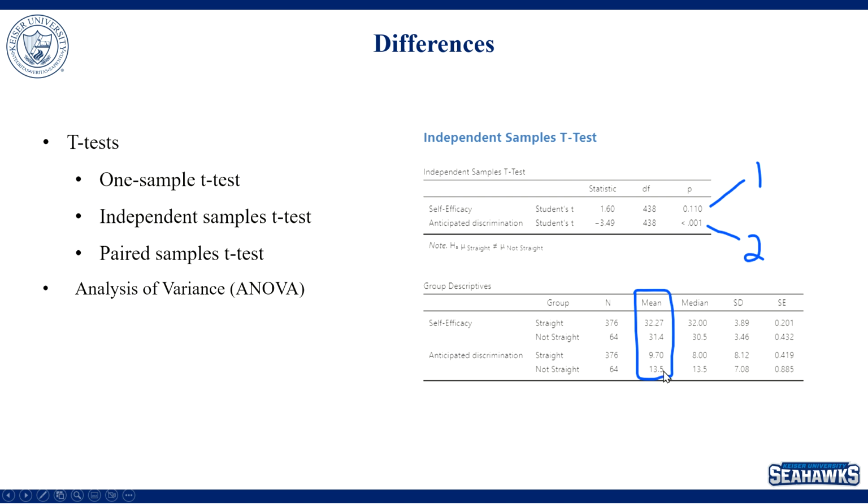What that's showing is that this higher number shows a higher degree of anticipated discrimination, and actually much higher than the straight group. Now we run the independent samples t-test, and sure enough, the results confirm that by being statistically significant.